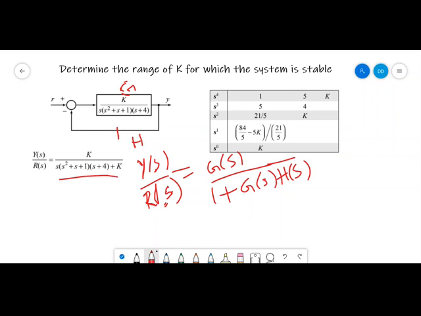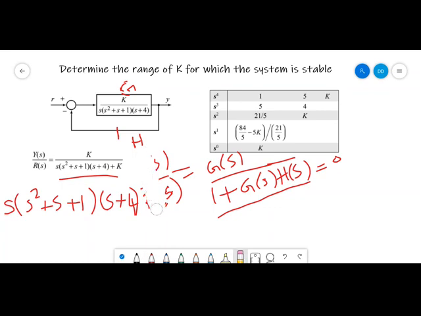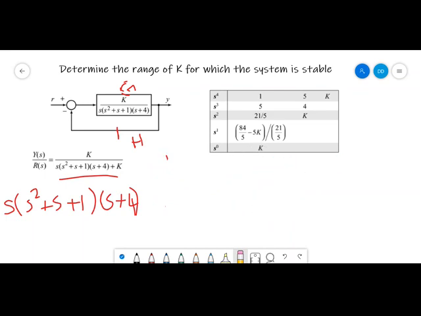From this transfer function, we have to consider only the characteristic equation. We know the characteristic equation is 1 plus G(s) H(s) equal to 0. So our characteristic equation is s into (s squared plus s plus 1) into (s plus 4) plus K equal to 0.